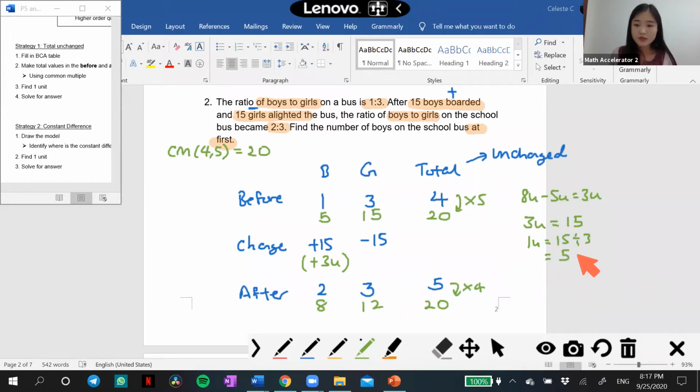Right, so from this 1 unit, we have to solve for the answer now. Right, so read the question again. They want the number of boys on the school bus at first. So look at the before column. This is the at first row here. Boys. Do I look at 1 or do I look at 5?